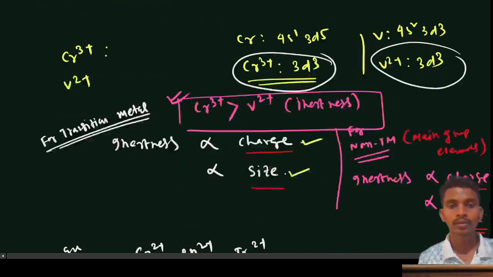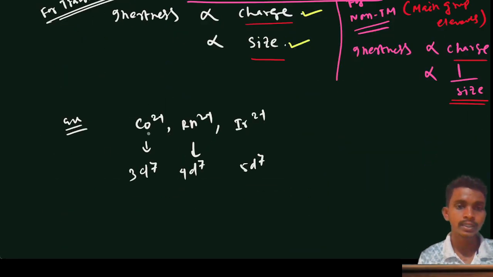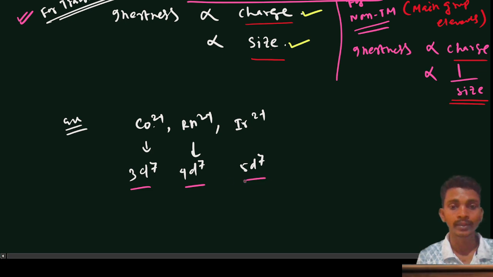For all the cases the charge is the same. Now we will look at size. For transition metal complexes, inertness is directly proportional to size, so if size is more, then it is more inert. This is 3d, this is 4d, and this is 5d, so this has more size.